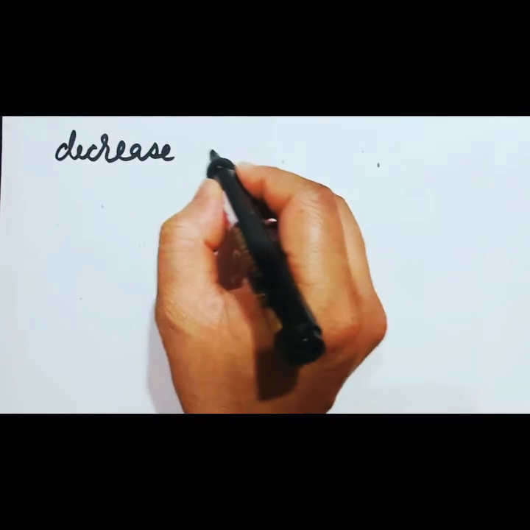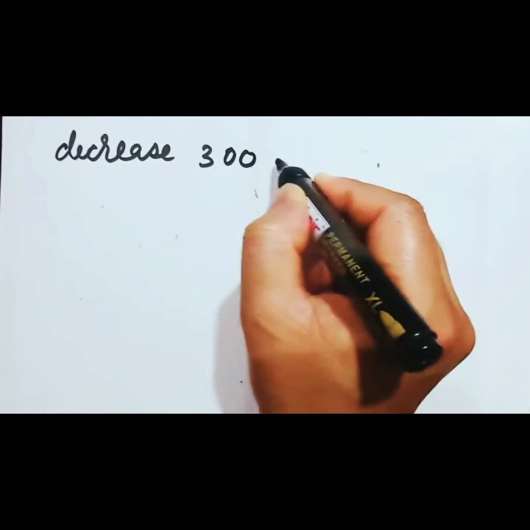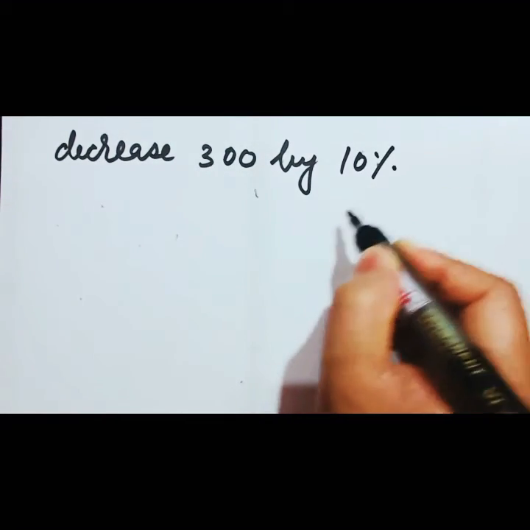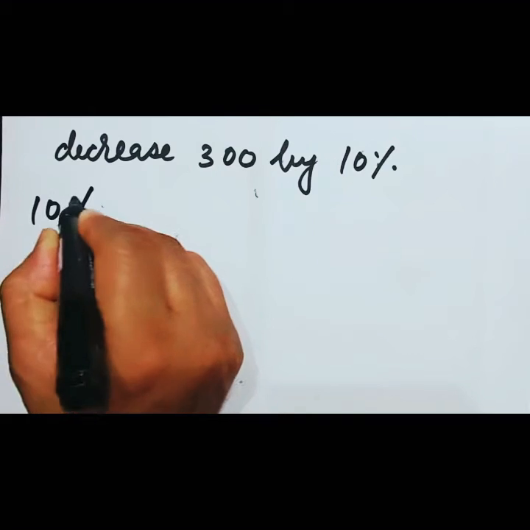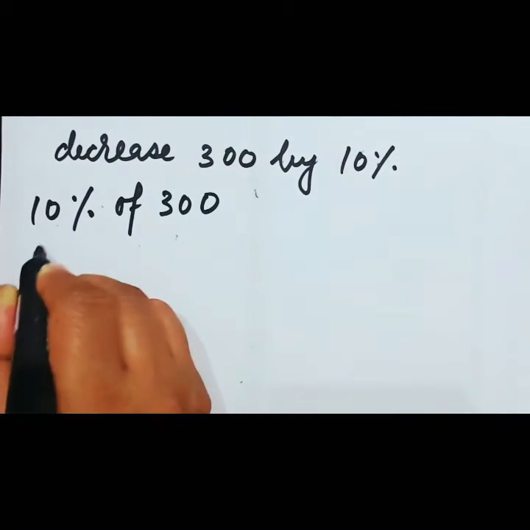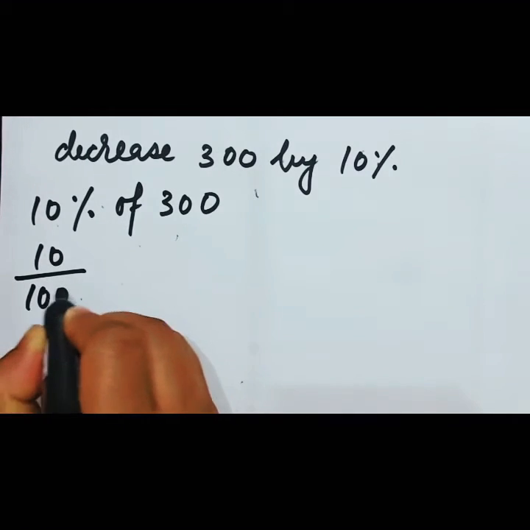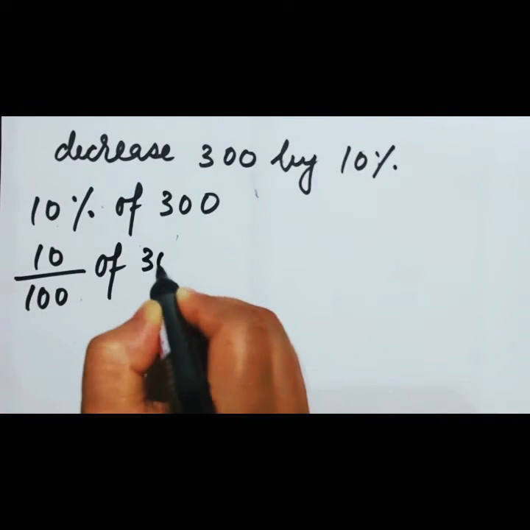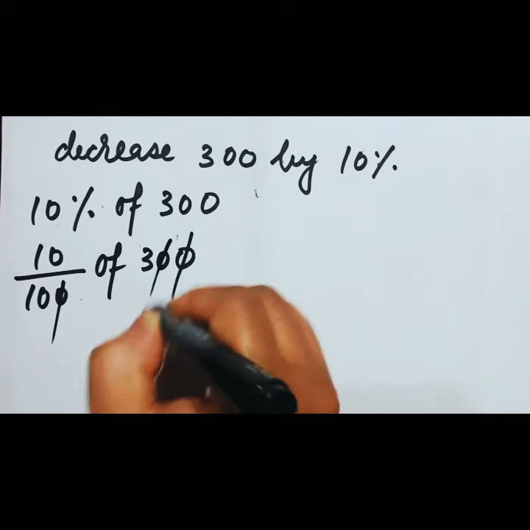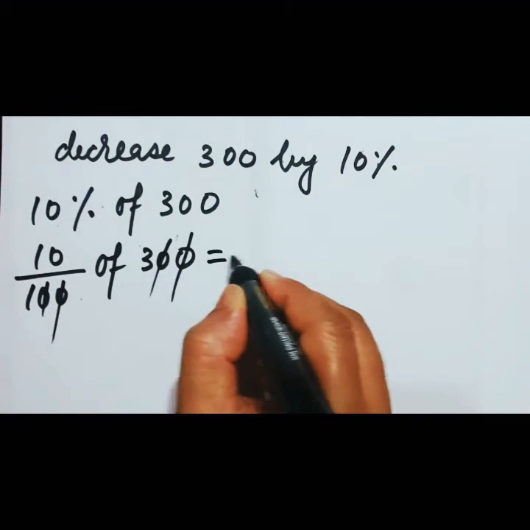Decrease 300 by 10%. Okay, so we'll find 10% of this 300. 10 by 100 of 300 will give you 30.